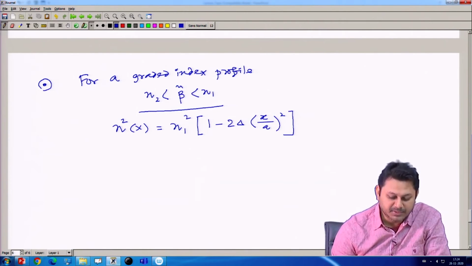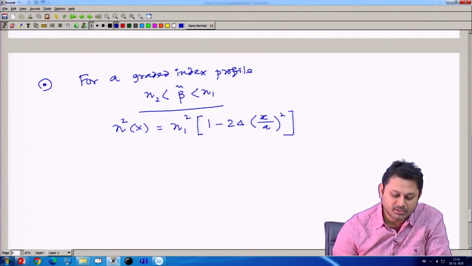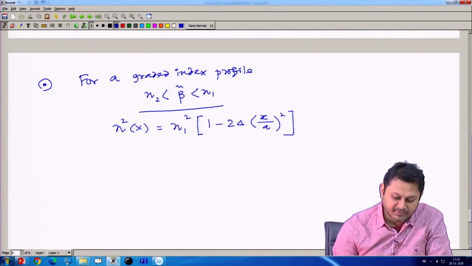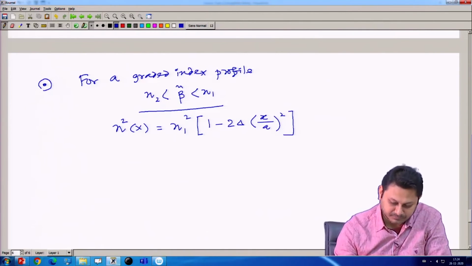That means beta tilde is related to the guided wave. For all the guided waves, the value of beta tilde, which is the ray path constant, will be in between n1 and n2, where n1 and n2 are the boundary refractive indices of the core and cladding. This is the peak refractive index of the core and cladding.